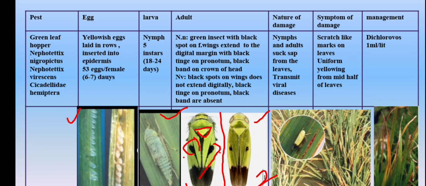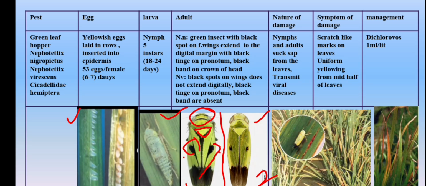So whatever this triangle is there after the head, this is called the pronotum, and you can see the black tinge is present on the pronotum, and you can also see the black band on the crown of the head. So this is the crown of the head. You can see the black lines. We call it a black band on the crown of the head.